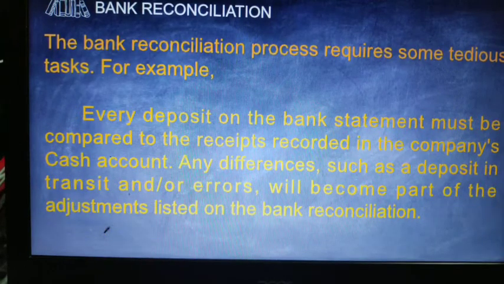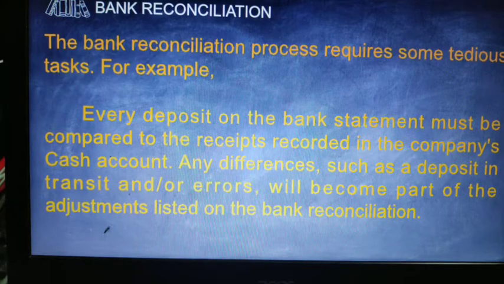Every deposit on the bank statement must be compared to the receipts recorded in the company's cash account. So, for example, at the end of the day, you deposit 100,000. It should be reflected on your cash balance and also on the cash balance of the bank. So, they should be accurate and equal.